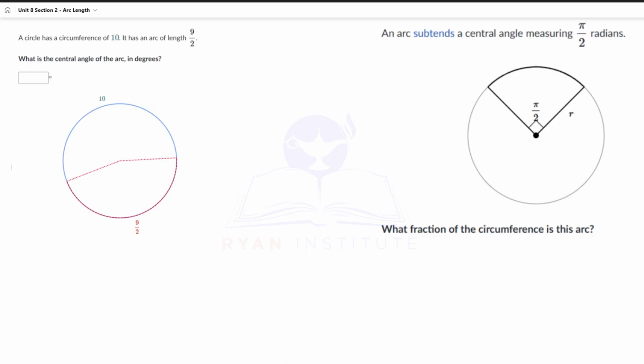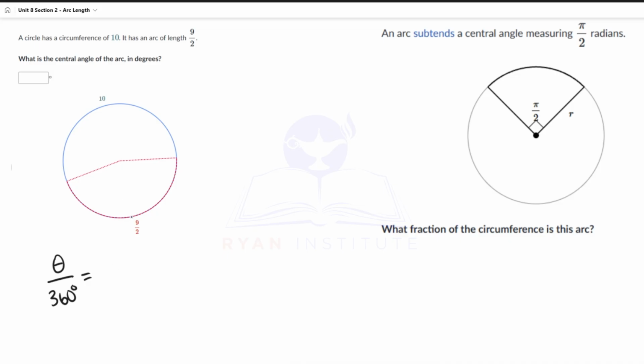So let's start with the left side. Now, one thing I would like to point out is that the ratio between an arc length and the central angle is theta over 360 degrees.